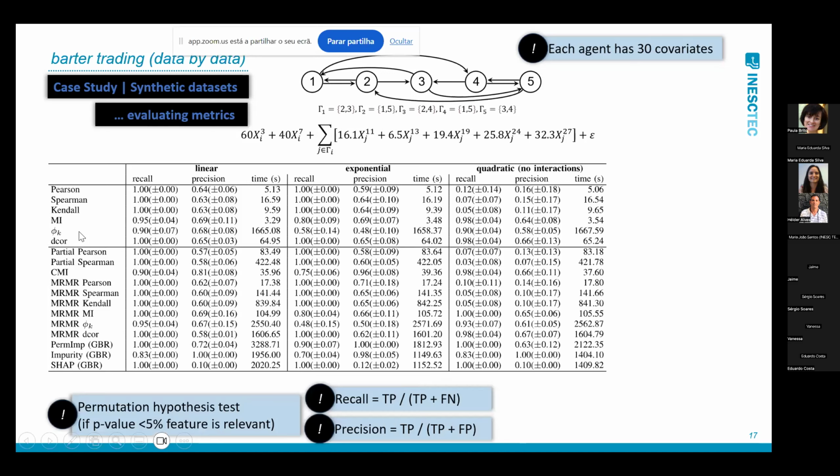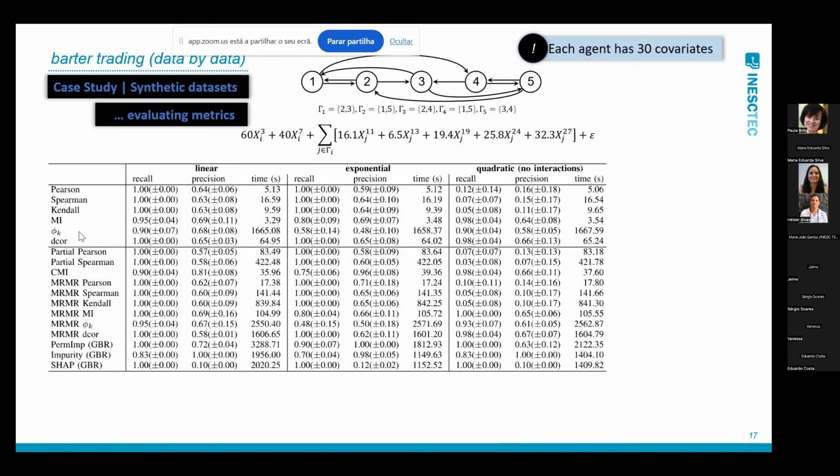These are the non-conditional ones, and then we also have to consider conditional metrics, because the reality is that we need to take into account that the agent already owns data, and that there are relations between features, and if I acquire one and the other is already captured, then the added value is 0.